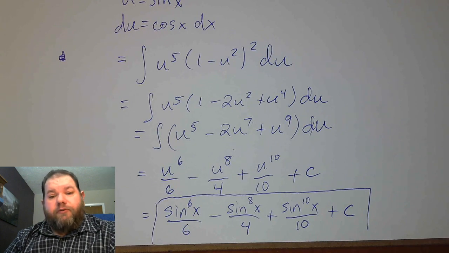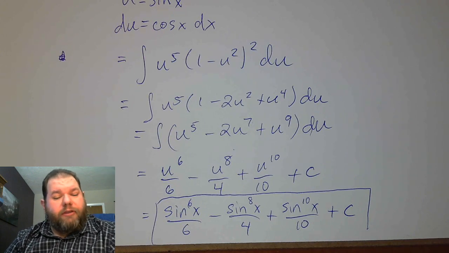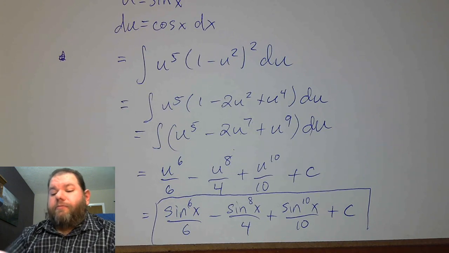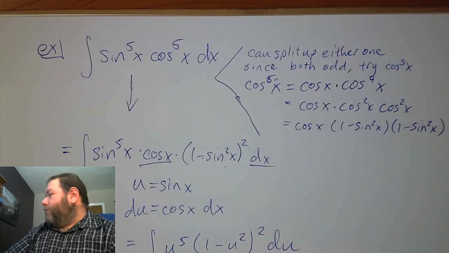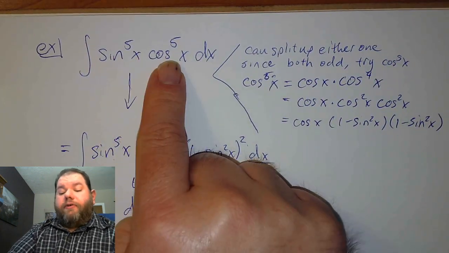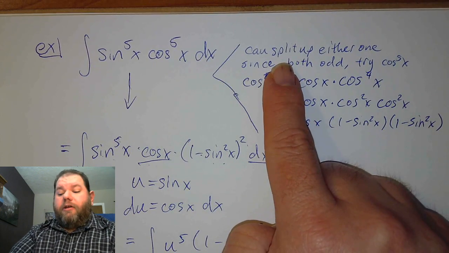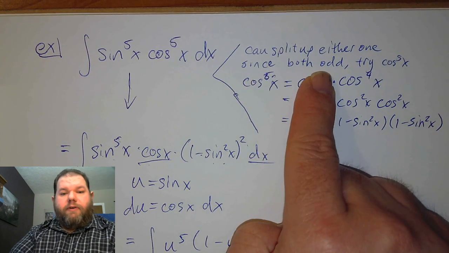In both problems, we basically did the same process, although our focus in one problem was on one function and our focus in the other was on a different function, but the same process works. Again, we started with sine to the fifth, cosine to the fifth, and this time we could have used either one to split up because they both had odd exponents.